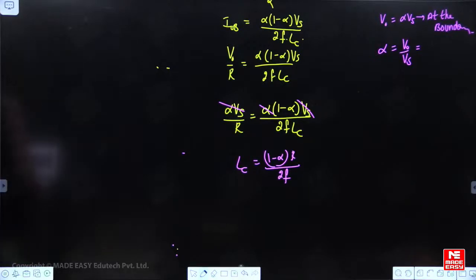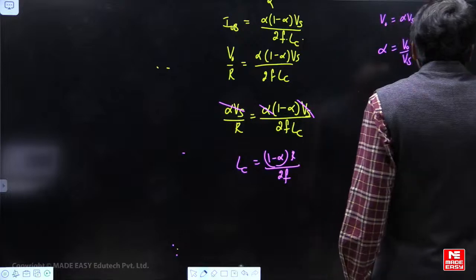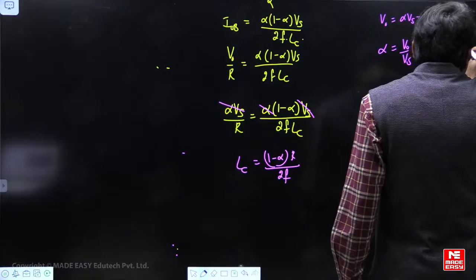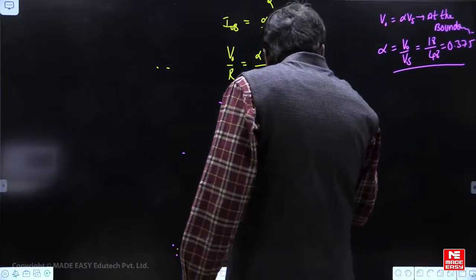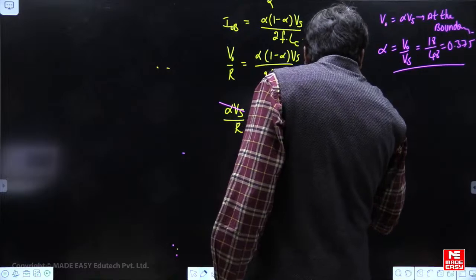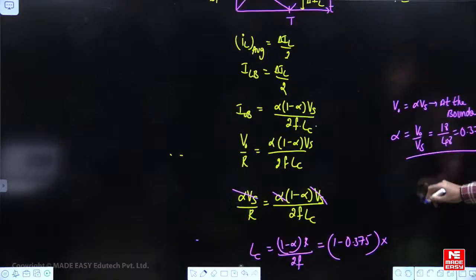Okay. So calculate the value of alpha. 18 by 48, 0.375. So that is the value of alpha. So find out the critical value, 1 minus 0.375 into, what is the load resistance here?